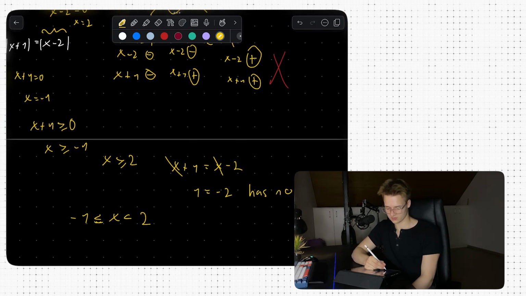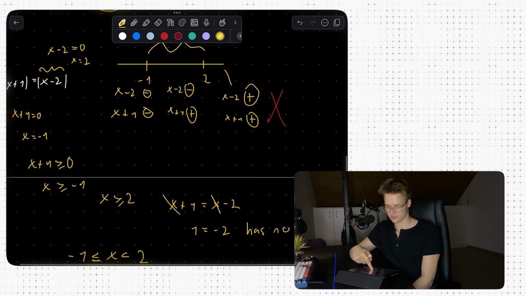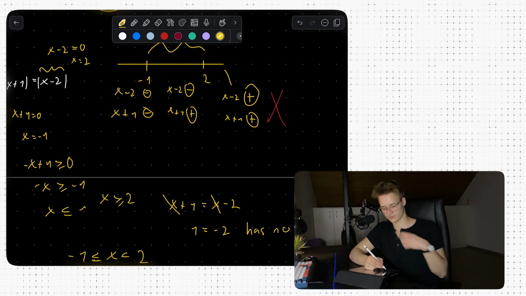You can add the equal sign below. If you were to solve it and it would be, for example, less than, so let's say you had minus x here, and you'd get minus x is greater than minus 1, x is less than 1, then you would go from the right side here.